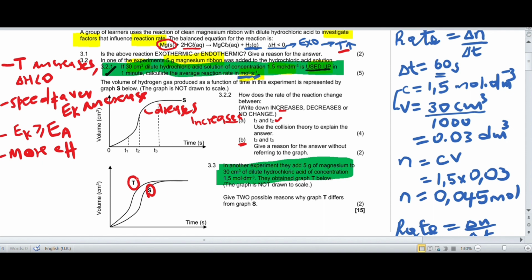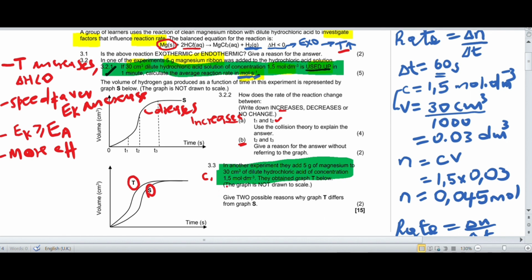So that is something they could have done here. If they increase the surface area, the rate of reaction of T will be high, as you can see. Or they can add a catalyst. If they add a catalyst, the rate of this reaction with catalyst will be greater here, because of the catalyst. That is reason number 2.